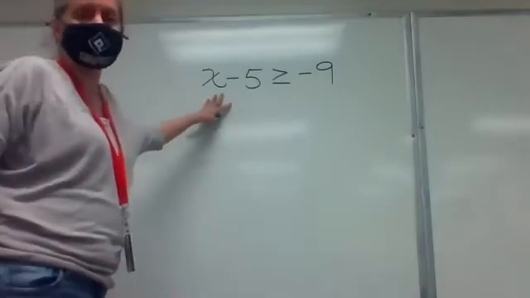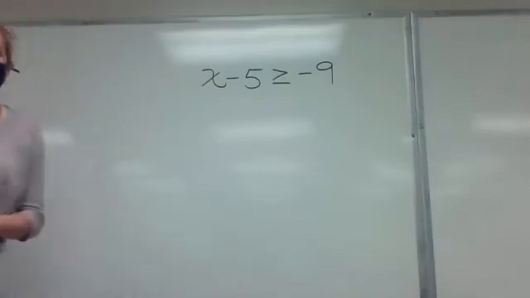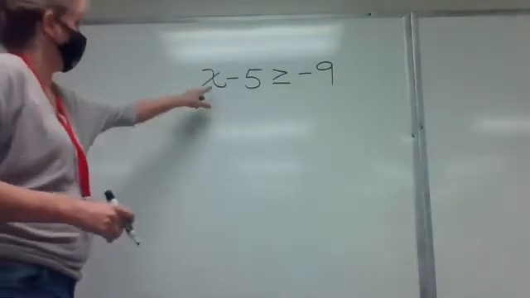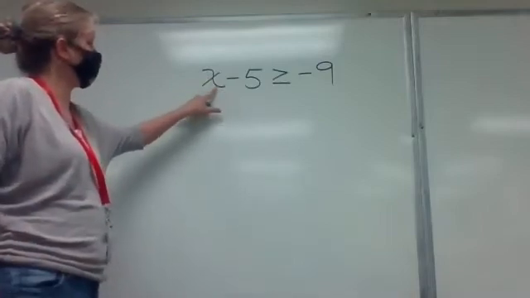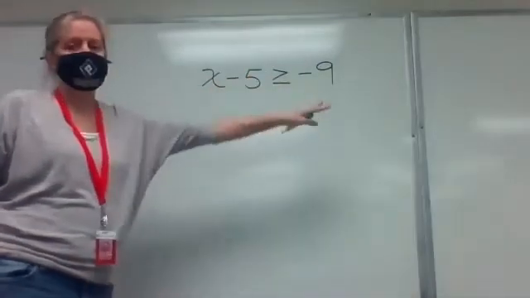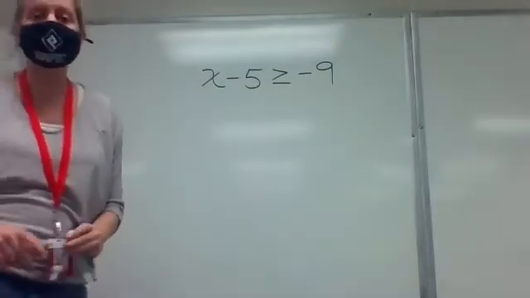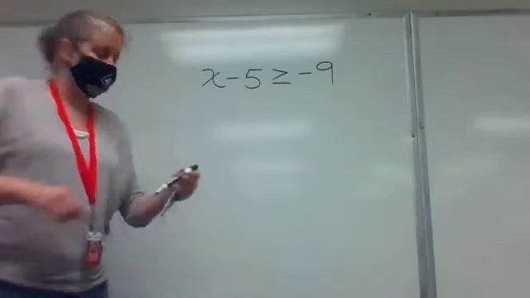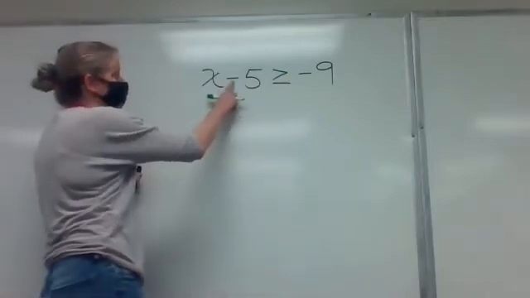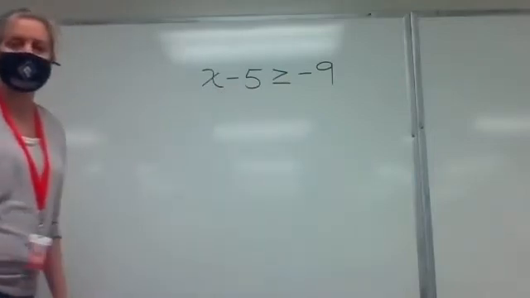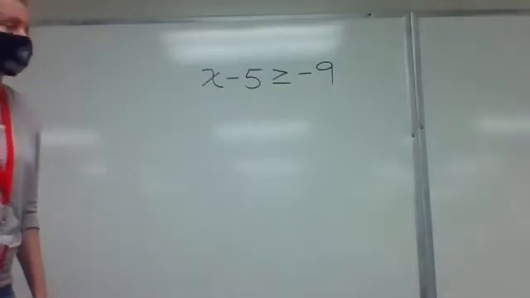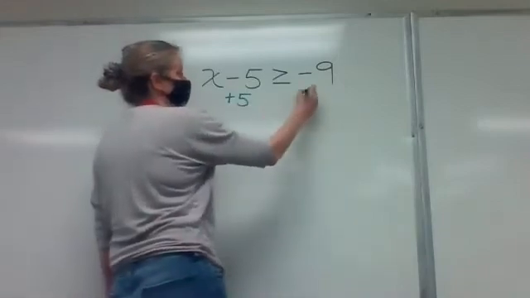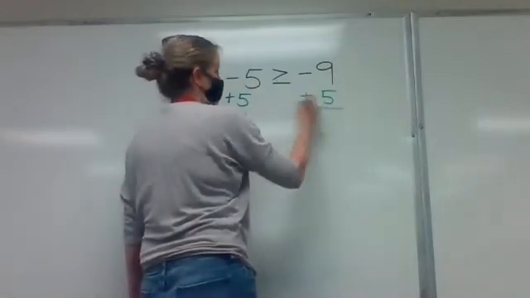So before I can do any kind of interval notation or graphing or anything like that, this X needs to be alone. Just like my equations. I want X on one side and the number on the other. So just like I do equations, I'm just going to use those same skills. So in order for X to be alone, that -5 needs to go away, which just means I will +5. If I do it to one side, I have to do it to the other.